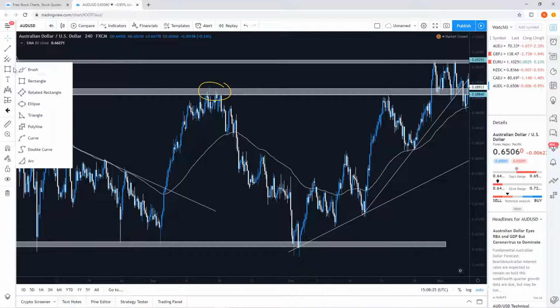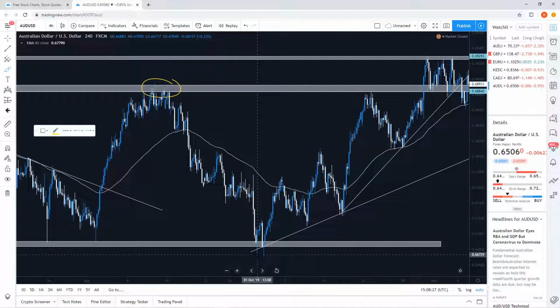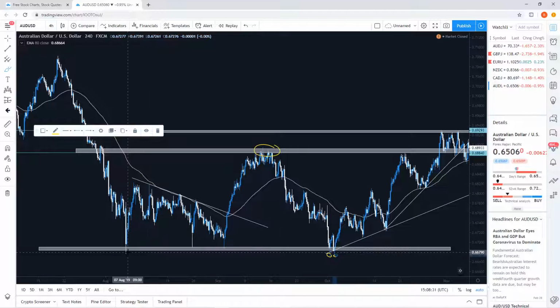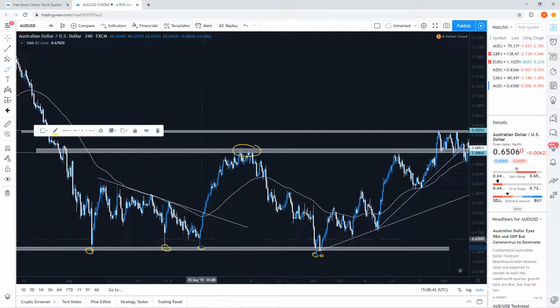We have a tweezer bottom, which basically shows that we have double wick rejection off of this zone. If we look in the past, we have 1, 2, 3, 4, 5 wicks. That means 5 different times this market structure was tested and we actually had some form of rejection.